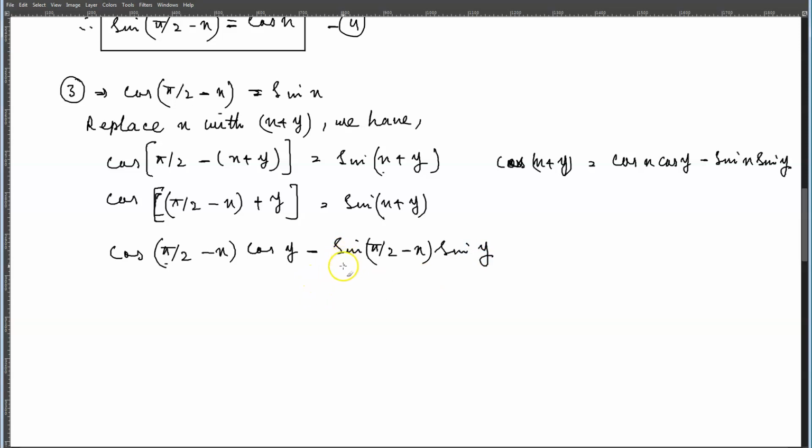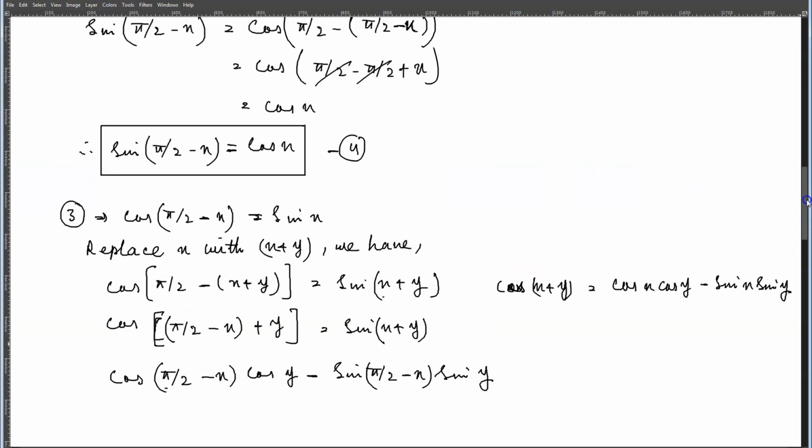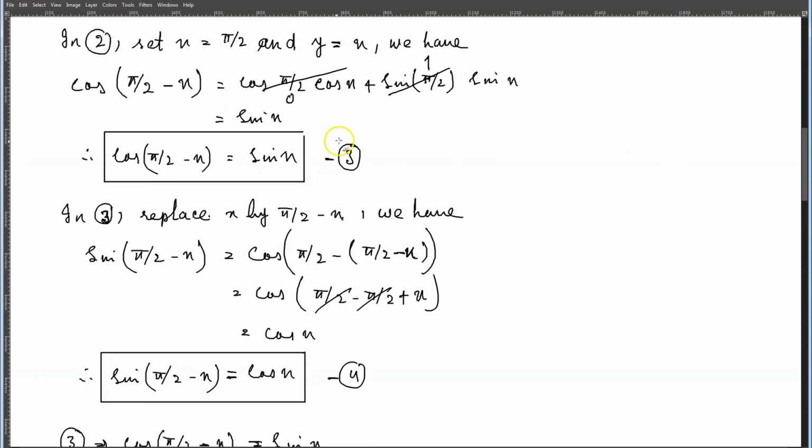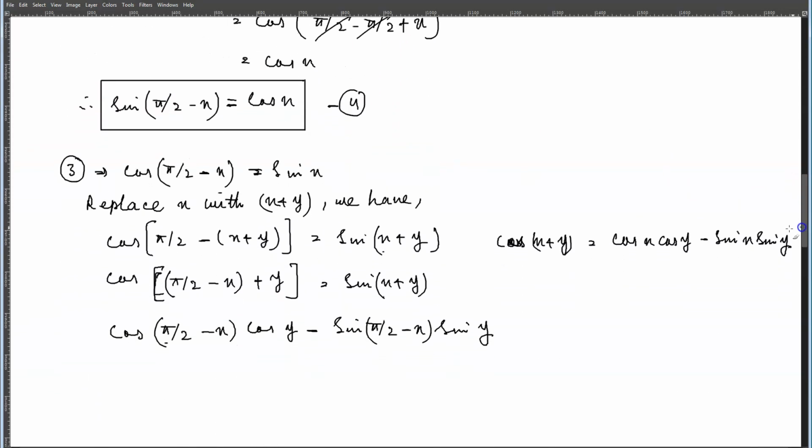Now, cos of pi by 2 minus x is equal to what? Cos of pi by 2 minus x is equal to sine x.